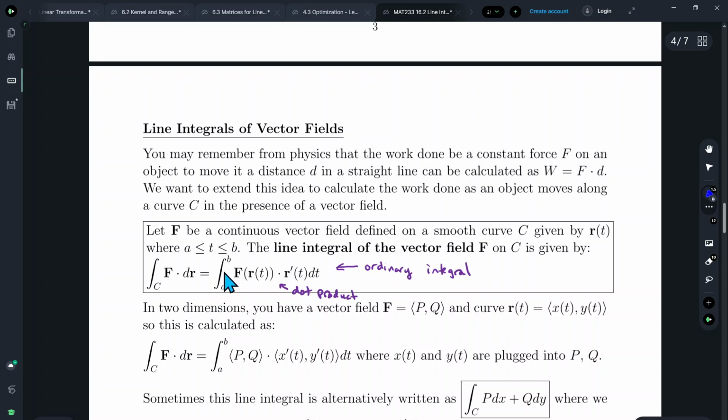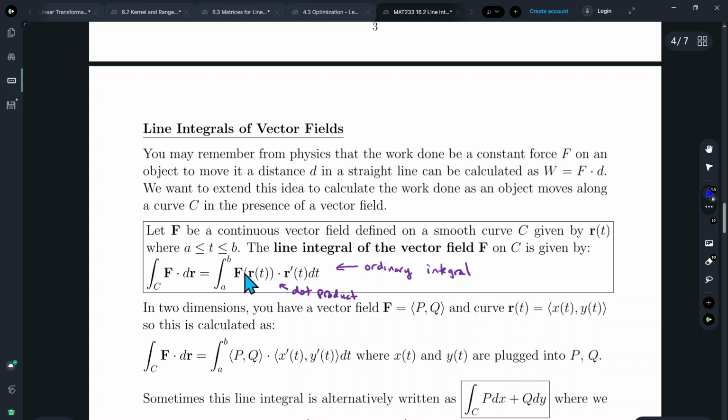We integrate from a to b, for the parameter t. This F of r of t means that your curve r of t has components x, y, or x, y, z, and you should plug those components into your vector field so that everything is in terms of t.